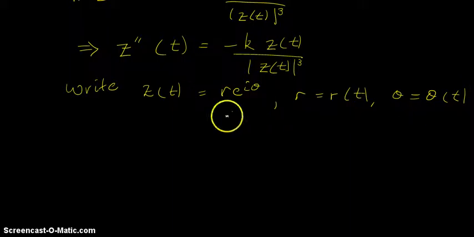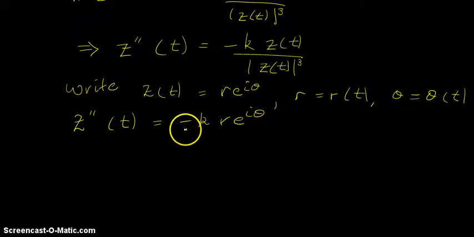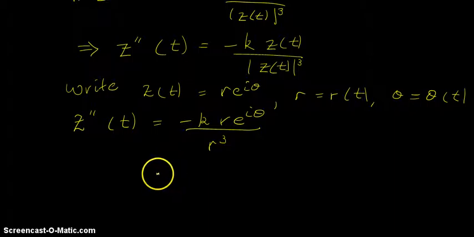I think it's fairly obvious why that must be so. So that means that Z double dash of T on the right hand side can be just reduced now to K R e to the I theta, and on the bottom mod Z is just R cubed. So that reduces to K over R squared e to the I theta.